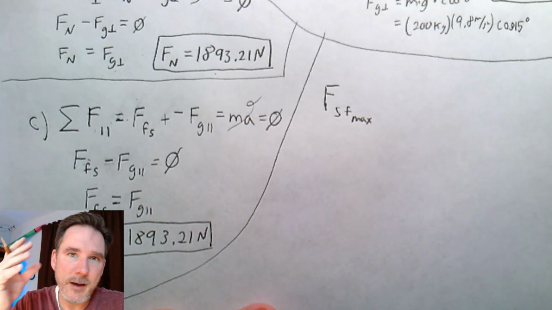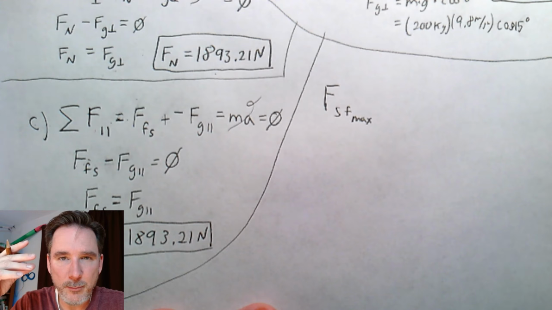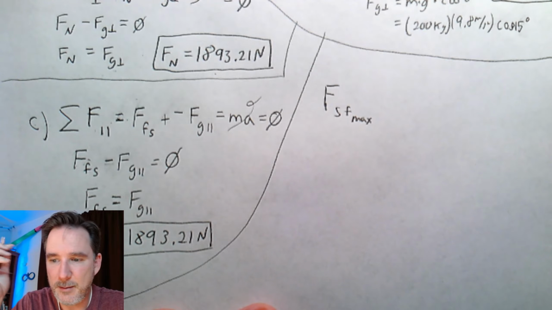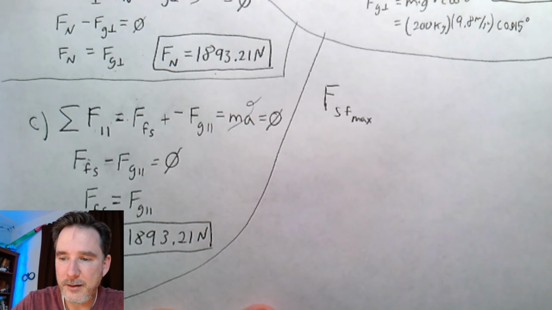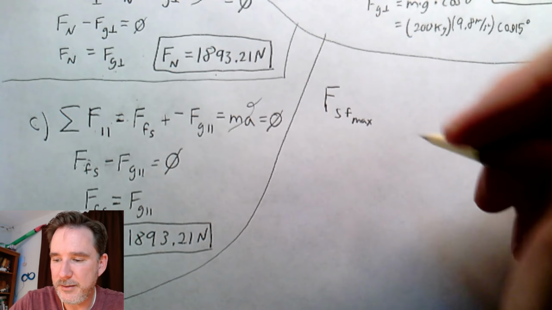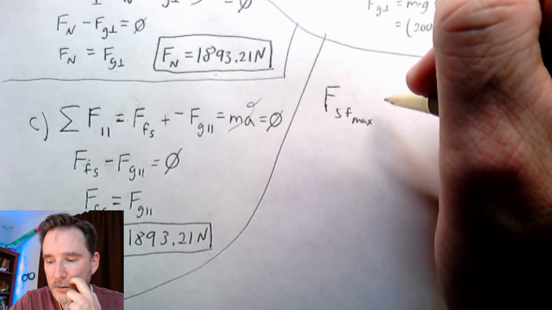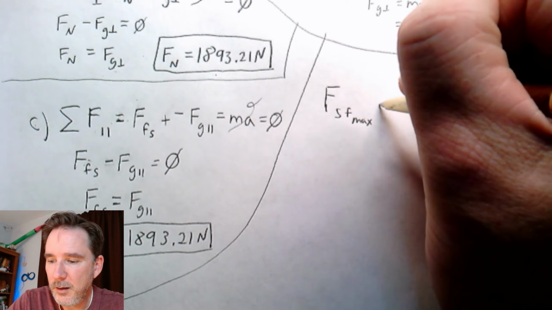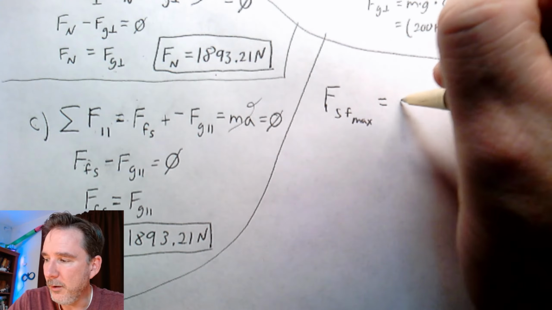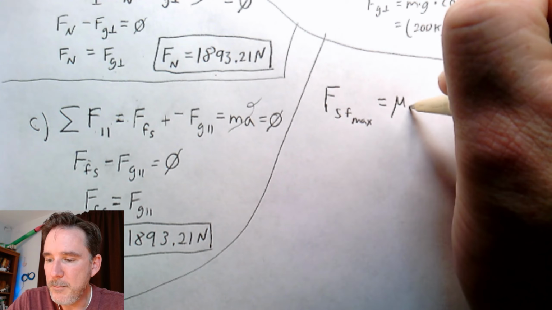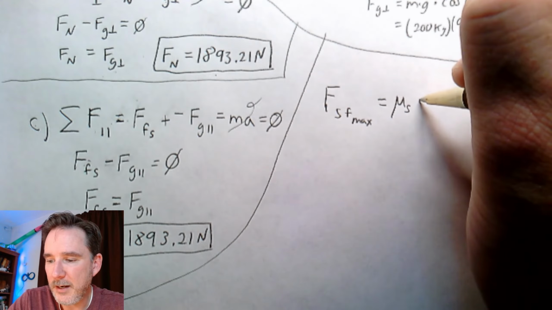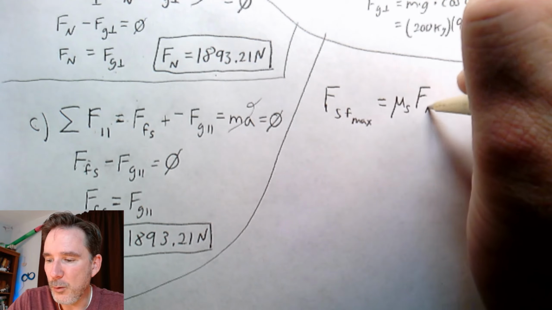We're going to assume that this block, if it were lifted even another 0.1 degree, would start to slide. This is the maximum angle that this block could stand without actually sliding. So the maximum force of static friction is equal to mu, the static mu, times the normal force.